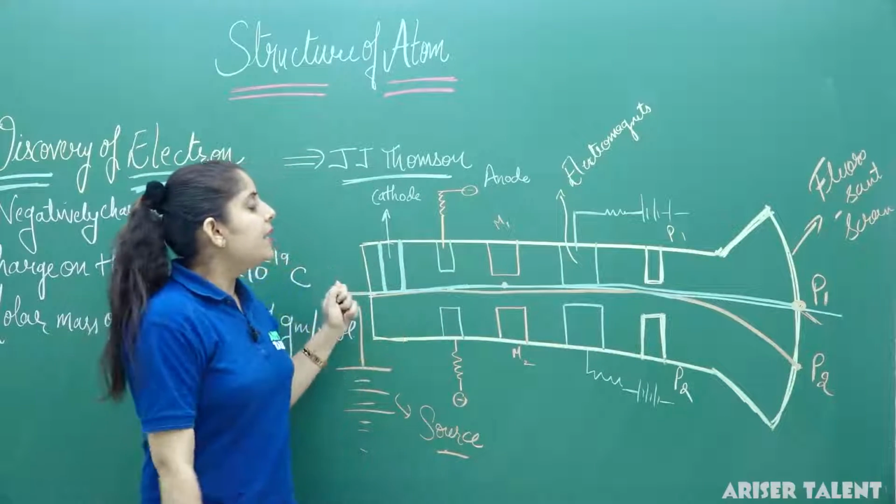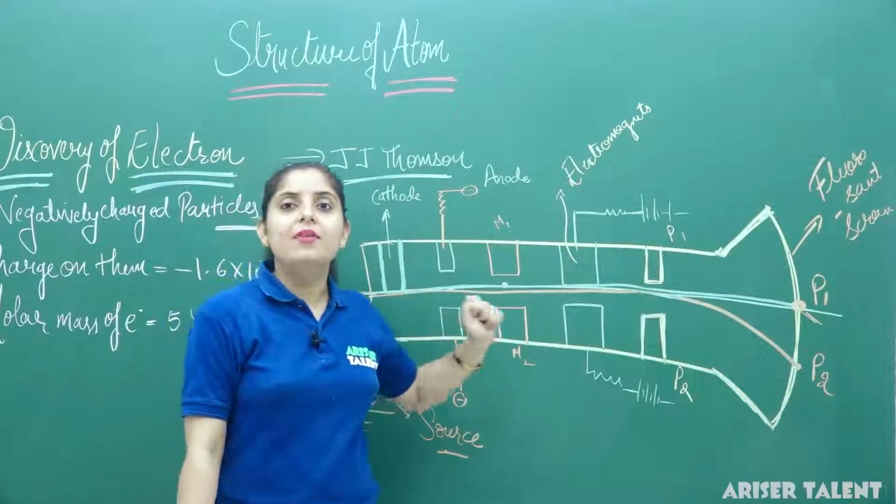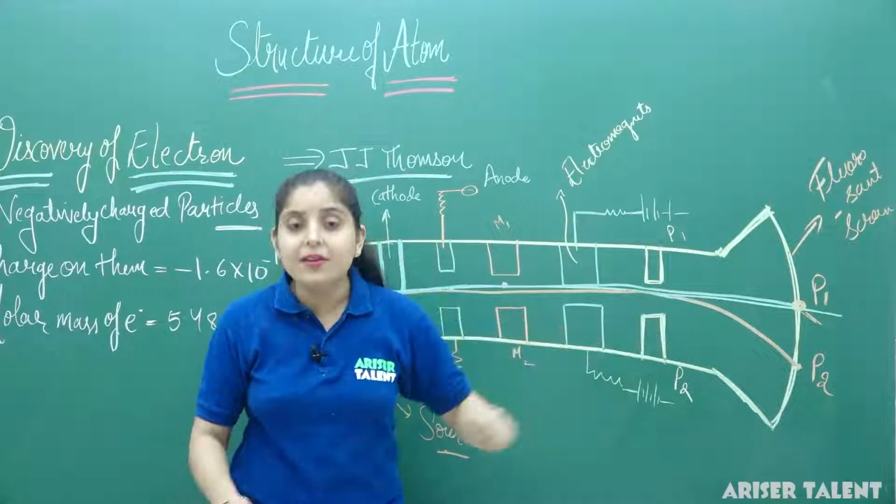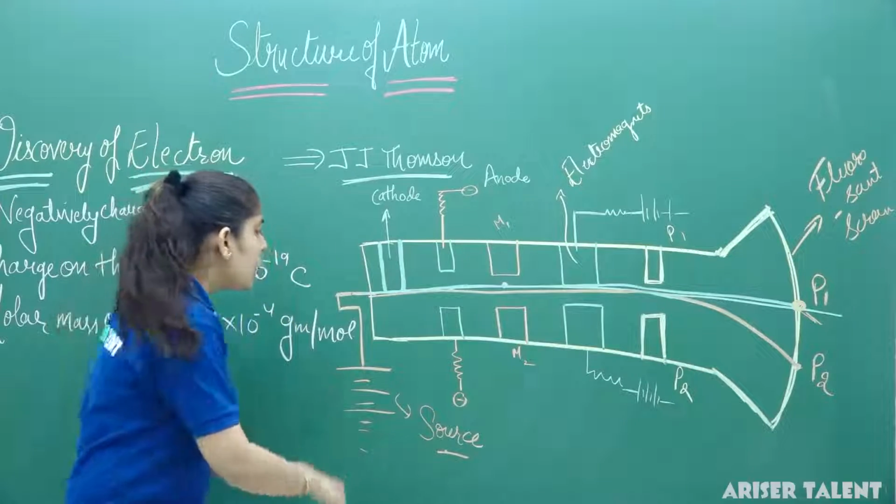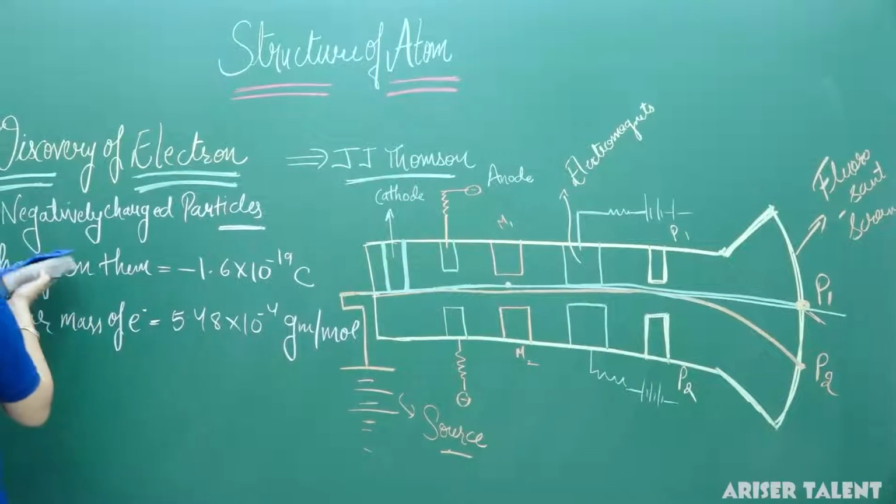Firstly, the particles or the cathode rays are traveling in a straight line. So, let's see what are the properties here.